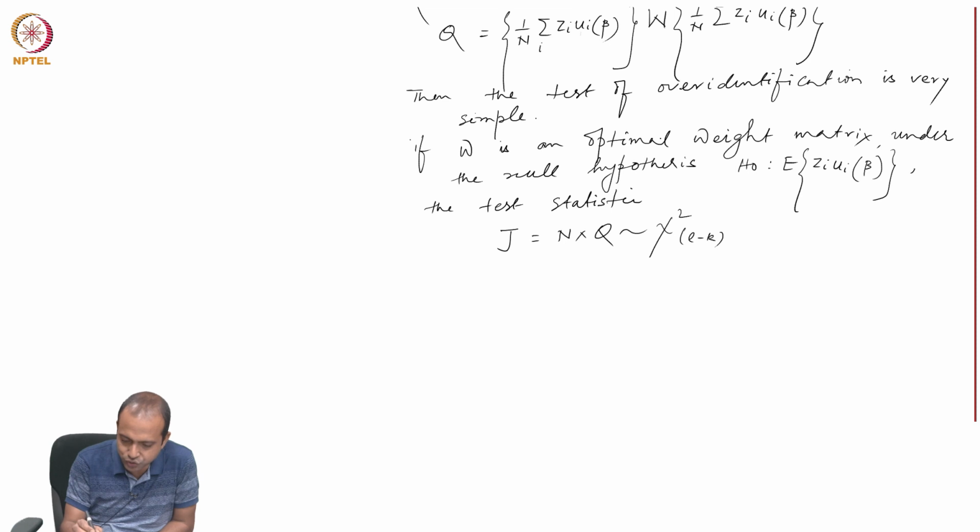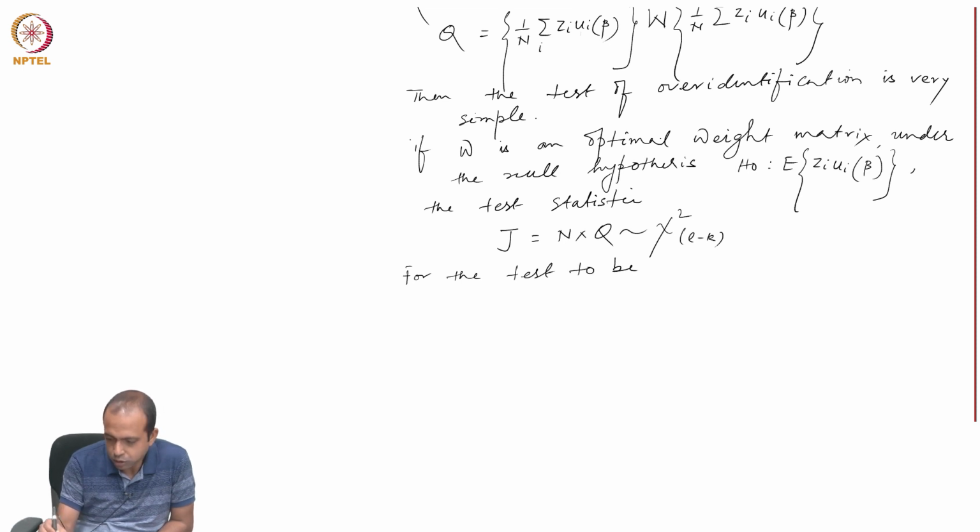So, for the test to be valid, W must be optimal.